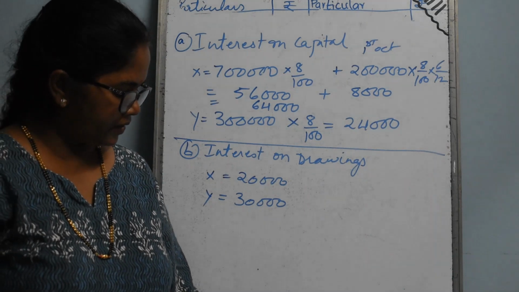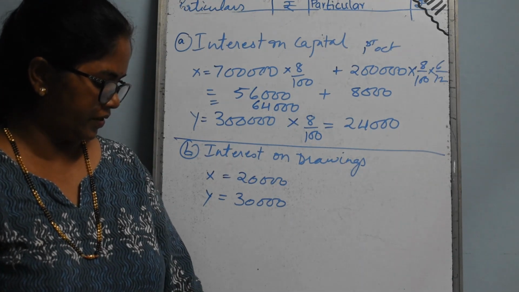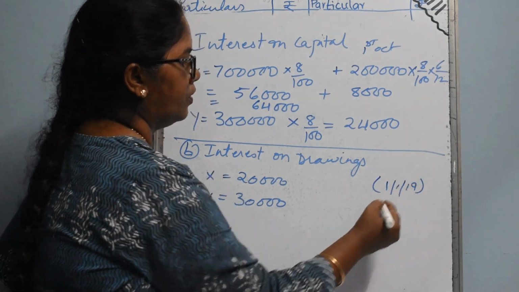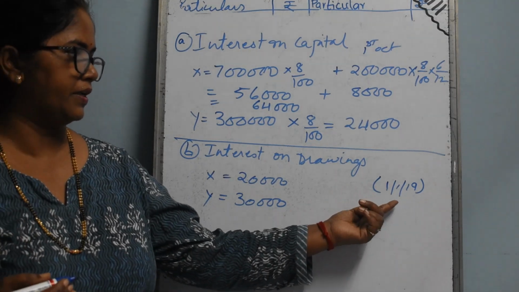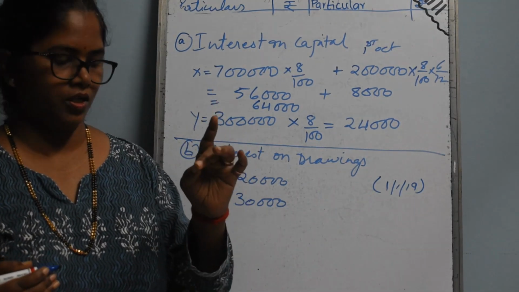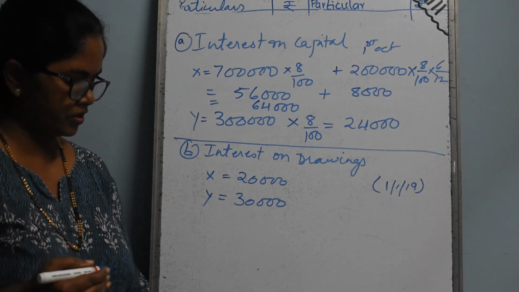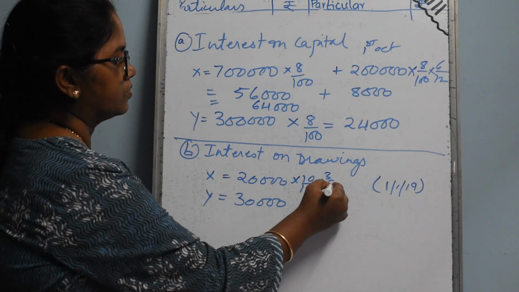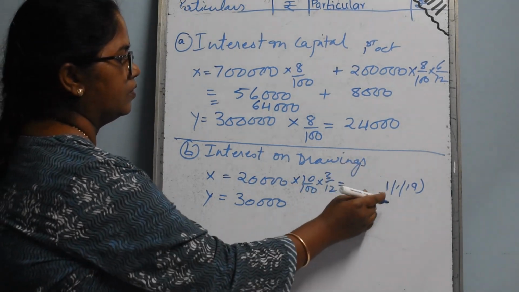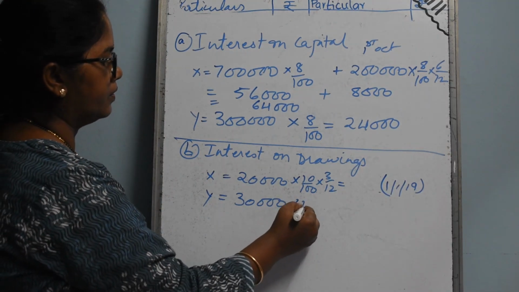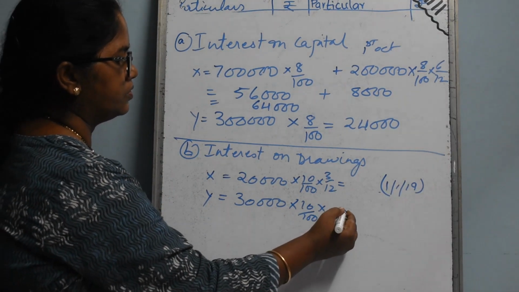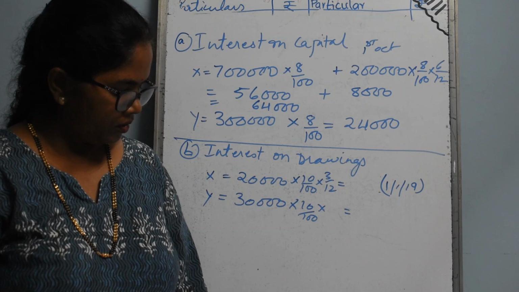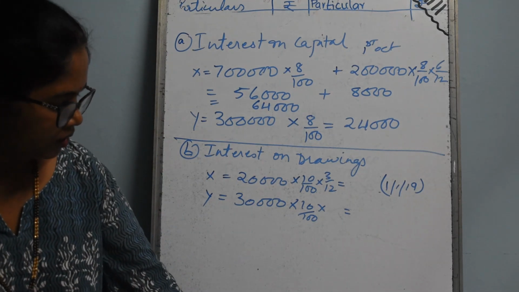X has withdrawn on 1st January 2019, so you have to count till 31st March 2019. January, February, March, 3 months, and the rate of interest is 10%. So you multiply by 10%, multiply by 3 months, and you get the answer. For the second partner, at 10%, he had withdrawn on 1st June 2018.